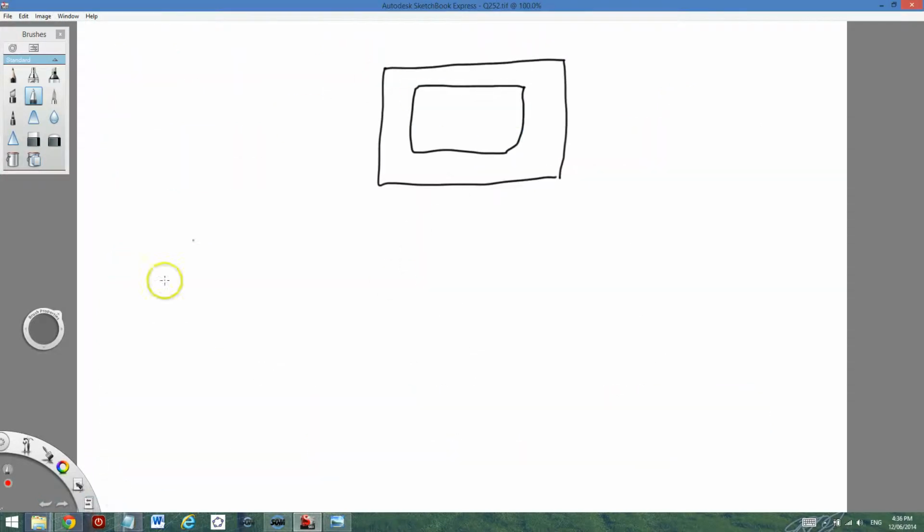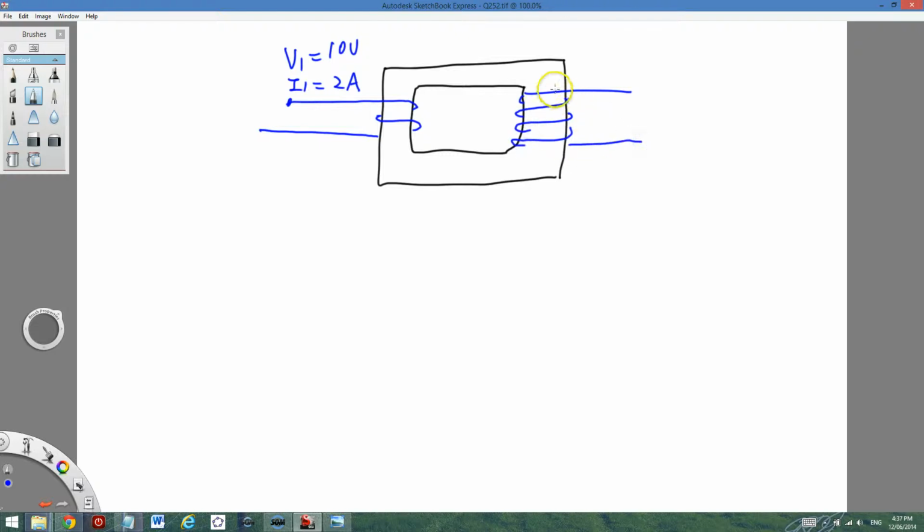So let me do that example. Say I have wires. If I have input voltage 10 volts and the input current, say 2 amps, on the left hand side, then on the right hand side, say I have 1, 2, 3, 4.